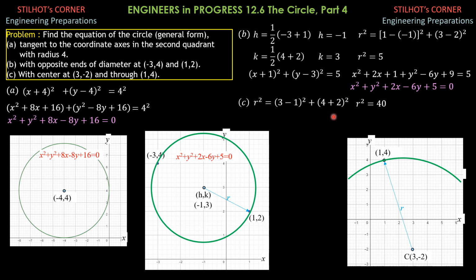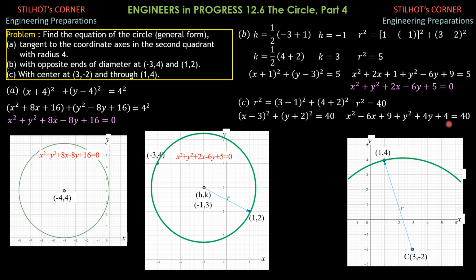R square is 40. We then substitute into the standard form of the equation of the circle, x minus h square, so x minus 3 quantity square plus y minus negative 2, so y plus 2 quantity square equals r square, 40. Expanding, x square minus 6x plus 9 plus y square plus 4y plus 4 equals 40.